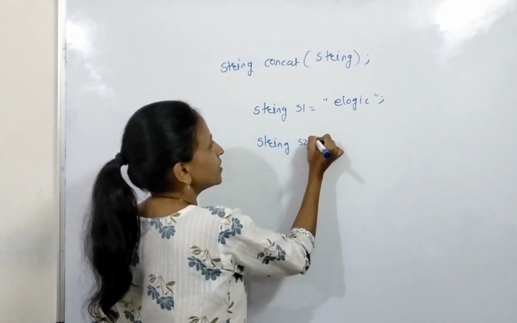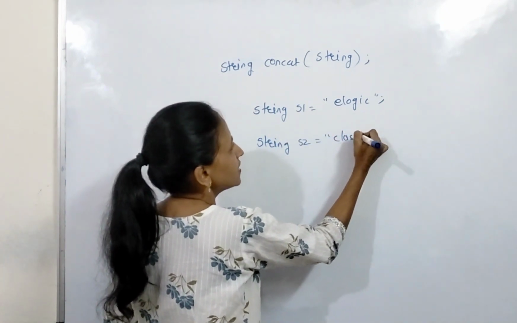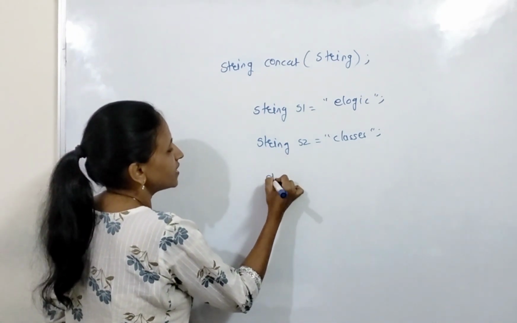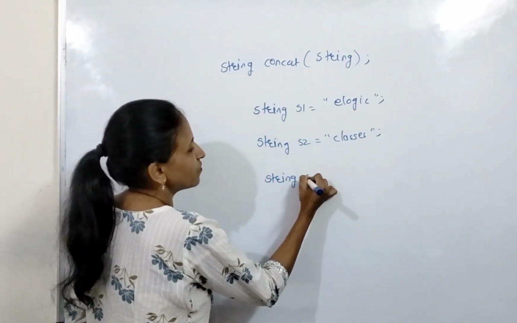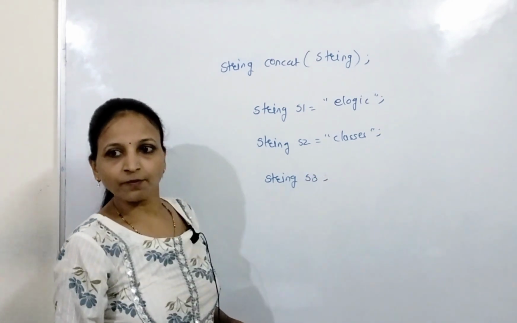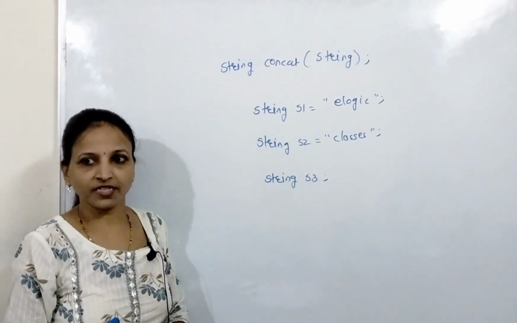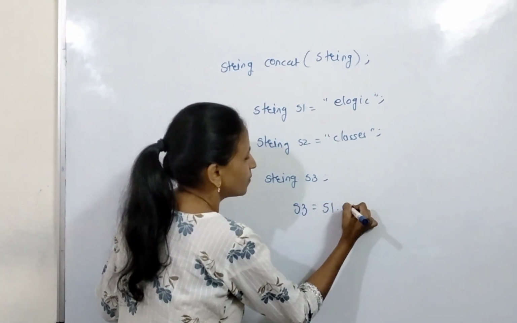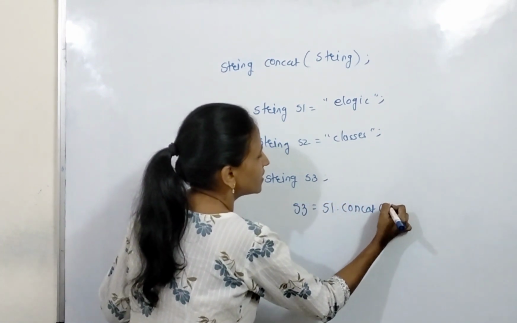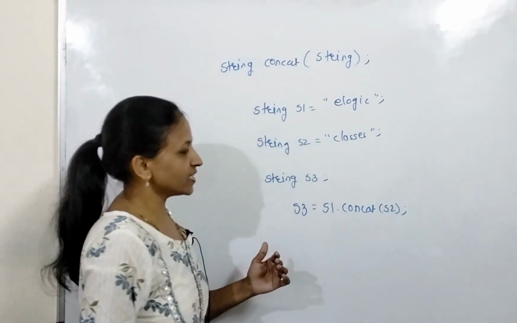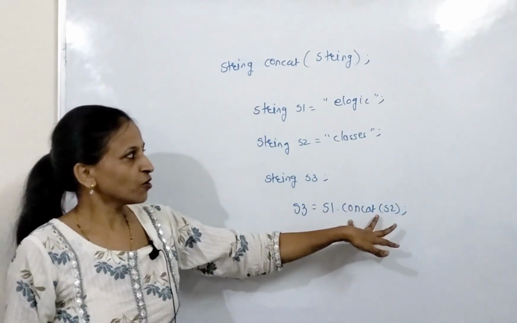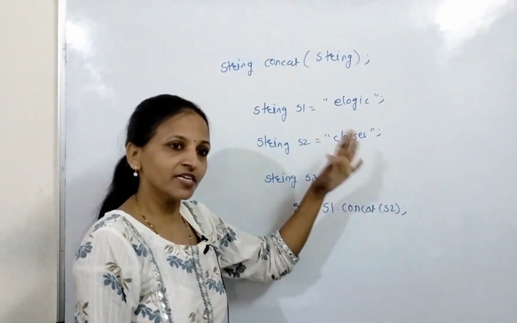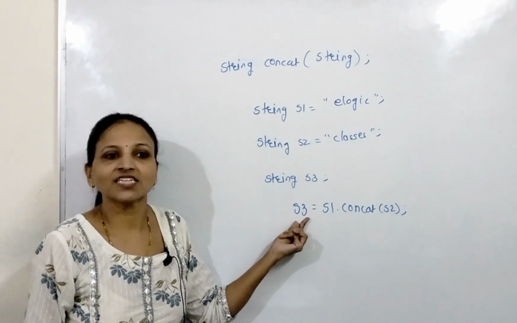Now suppose s3 is one more string we are creating, but it is not pointing to any object. And we write s3 is equal to s1 dot concat s2. In this case s1 and s2 will be concatenated with each other, and the resultant string will be returned and stored inside s3.